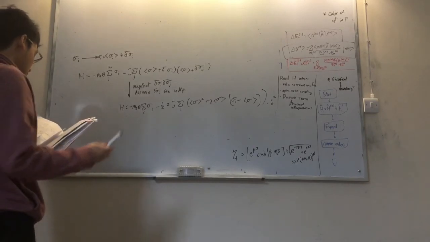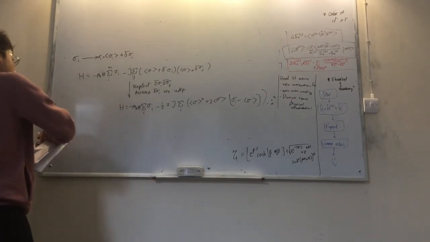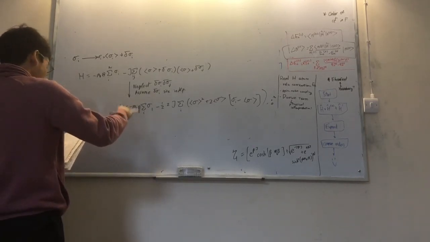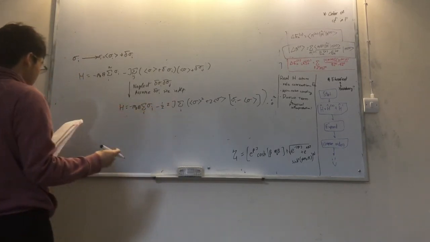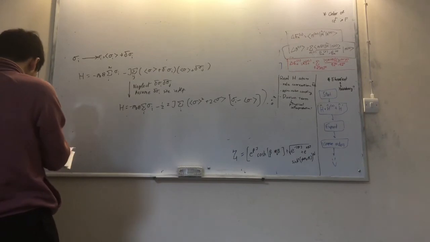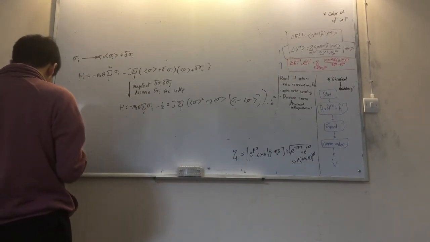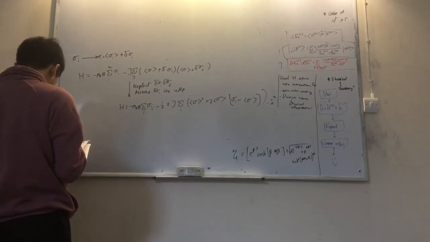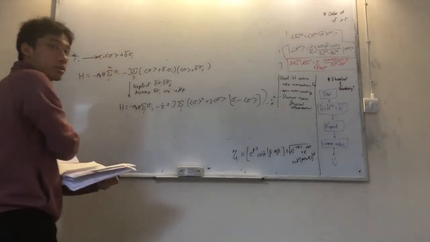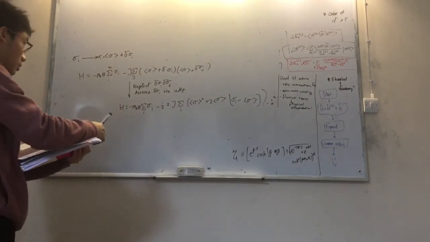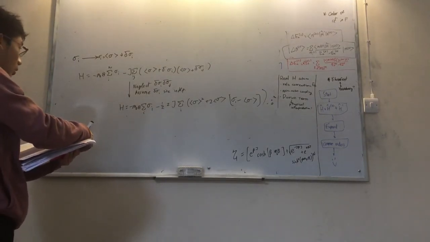So this is linear in sigma i. Sorry, assume delta sigma i what? Actually, this should be mean sigma plus delta sigma i. So the expectation of sigma is the mean field.